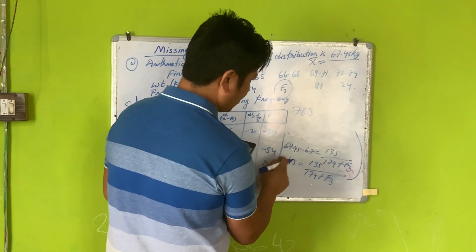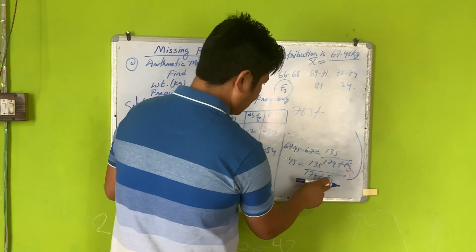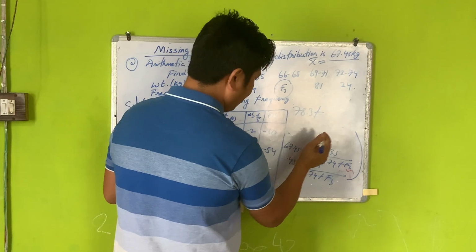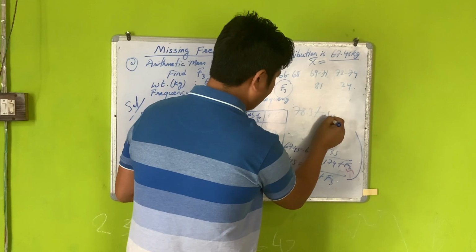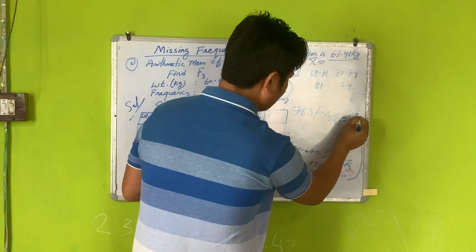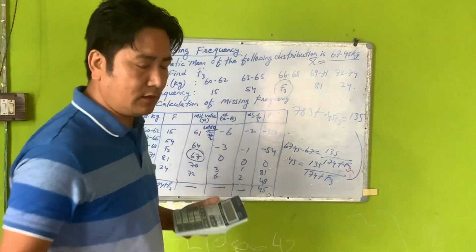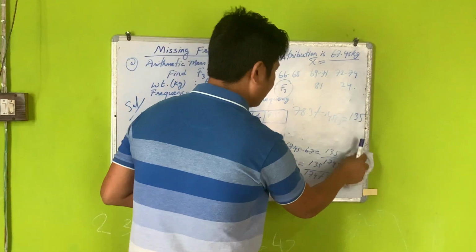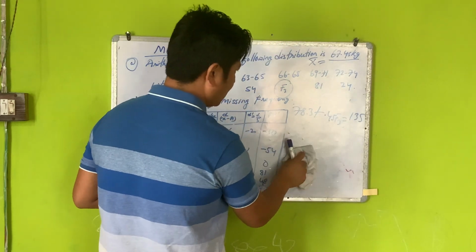Cross multiplication, plus f3 into 0.45, so 0.45 f3, is equal to 135. Hope you are understanding.